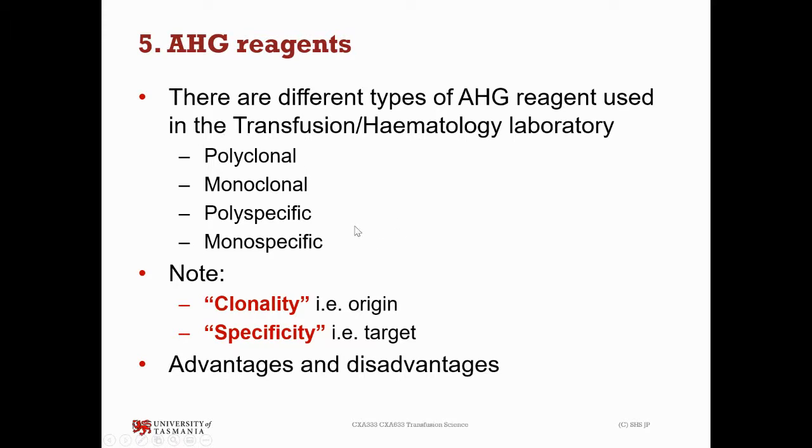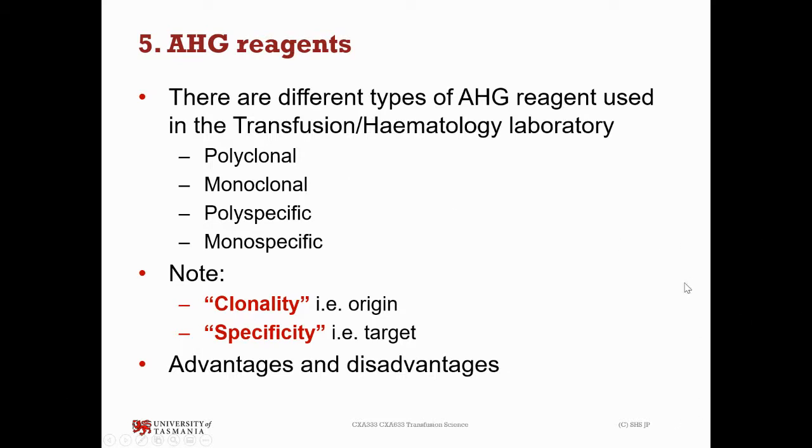When we're talking about specificity, this is the target, whether we want it to be specific for a certain component, or whether we want it to be more general. Okay, and each of these has advantages and disadvantages. So we'll have a look at that now.